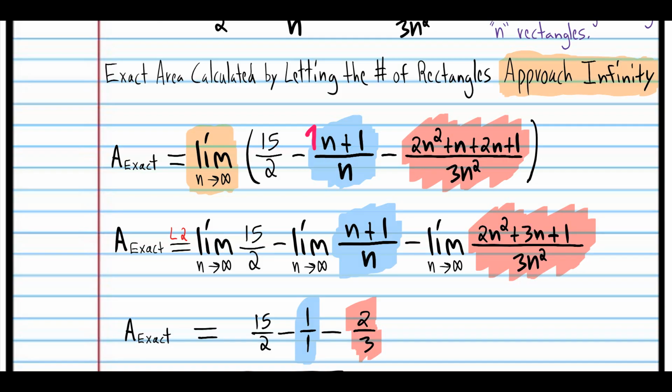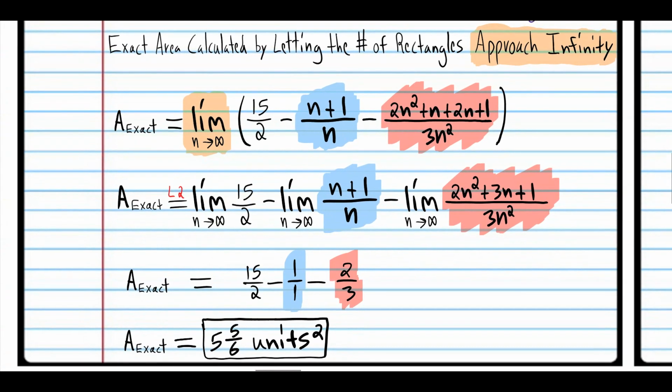So again, this is a rational function. As n approaches infinity, this whole expression just becomes 1 divided by 1. So as n gets bigger and bigger, this expression just gets closer and closer to 1 divided by 1. Now here we have the same situation. The degree of the polynomial in the numerator is equal to the degree of the polynomial in the denominator.